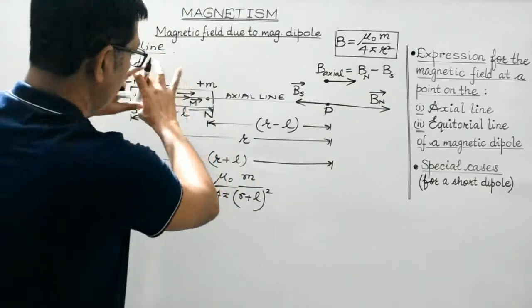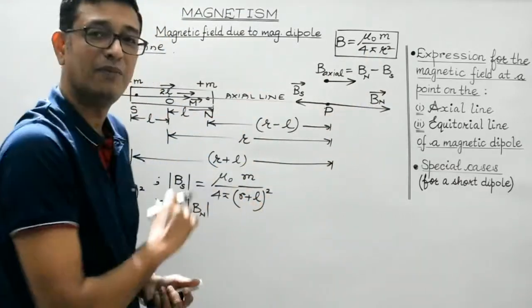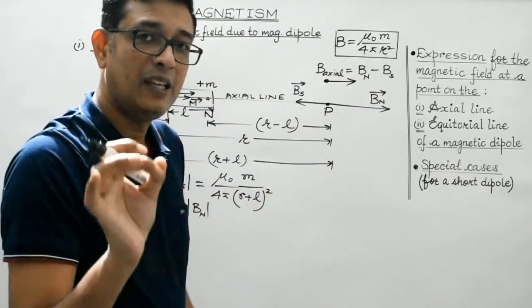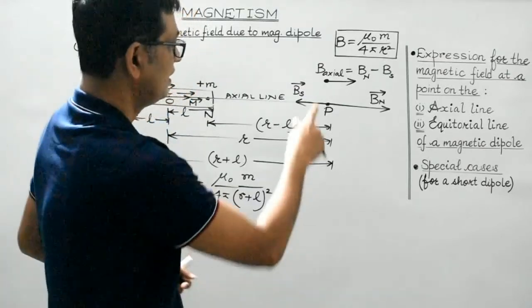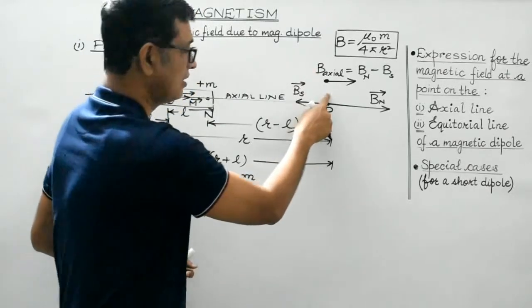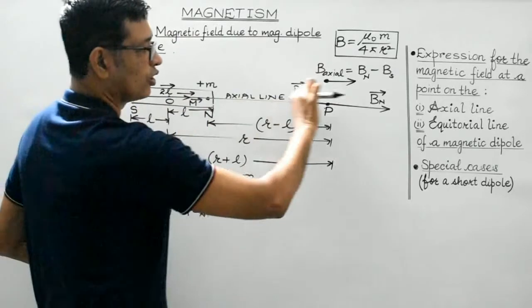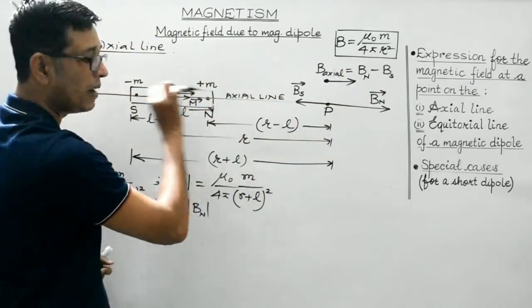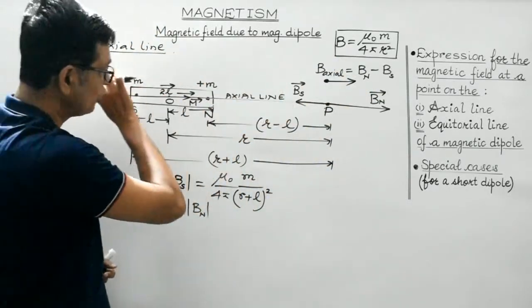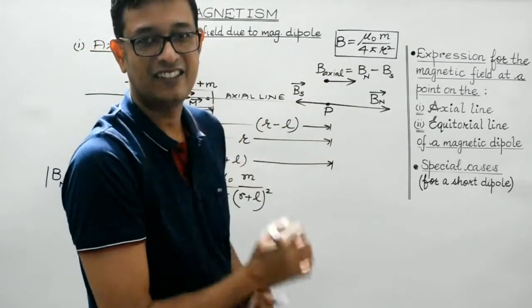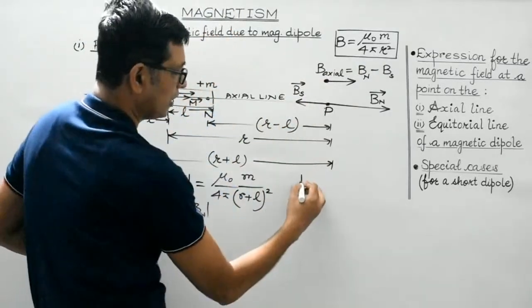So students, simply with the help of this diagram, we are safely able to conclude that the direction of B axial is from south to north. That is along the direction of magnetic moment. That is along the direction of magnetic length. So this we have done.